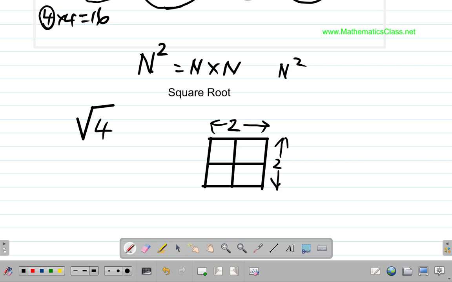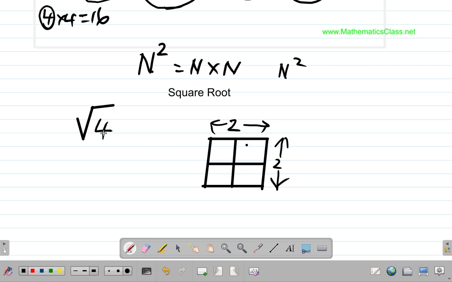This 4 is the area of the big square. You have 4 small squares, and the side of each measures 1. But the big square is 4, so the square must be 2 by 2.